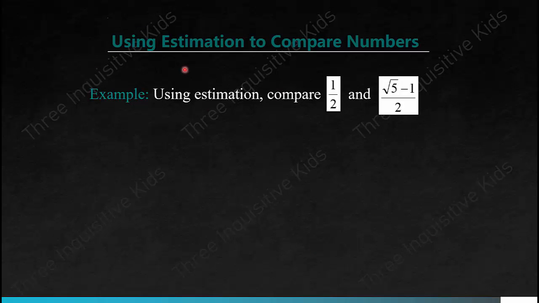Now we're going to be moving on to the next part of our lesson, using estimation to compare numbers. So here's an example. Using estimation, compare 1/2 and the square root of 5 minus 1 divided by 2. So we're going to be doing this together.